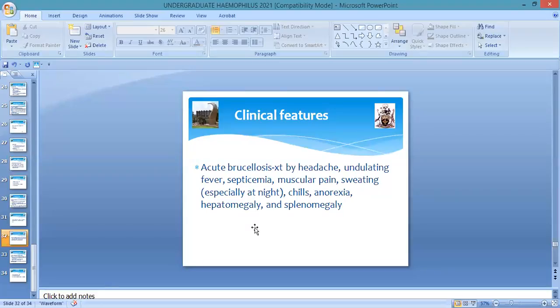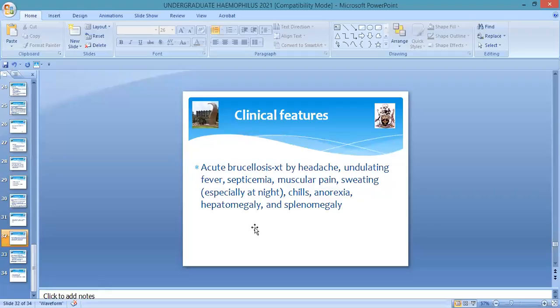You may also have undulating fever, muscle pain, sweating, especially at night, and anorexia. These are quite non-specific symptoms. But when it progresses after some time, it may progress to hepatomegaly. You may also have splenomegaly and lymphadenopathy, which are some of the key common physical findings.